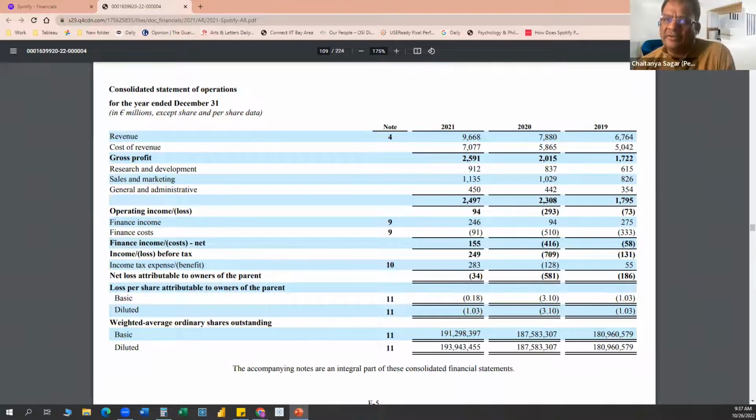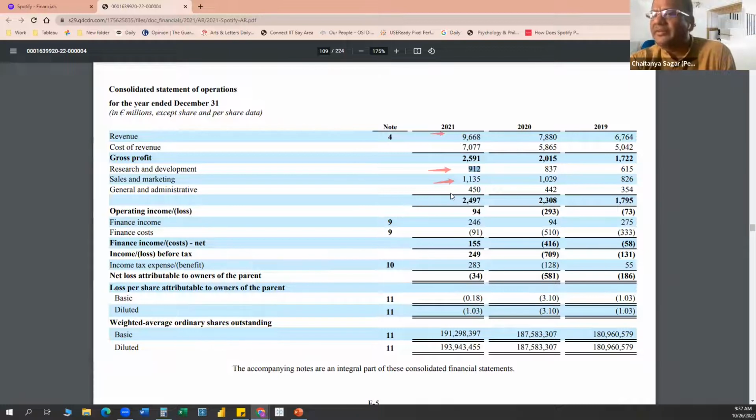Okay. And you have research and development, which is roughly 10% of their revenue. Can you see this? So this one upon this is roughly about 10%. And you have sales and marketing, all the advertising and all of that, is 1.1, which is roughly a little more than 10%, about 12%, 13%, something like that.